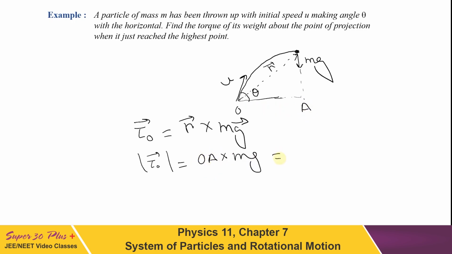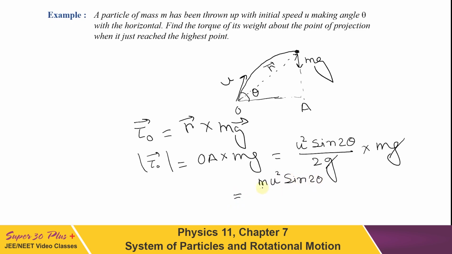And what is this OA? It has to be half of the horizontal range, and the horizontal range as you know is u square sine 2 theta upon g, but half of this, so upon 2g, multiplied with mg. These two got cancelled and then we got m u square sine 2 theta upon 2.